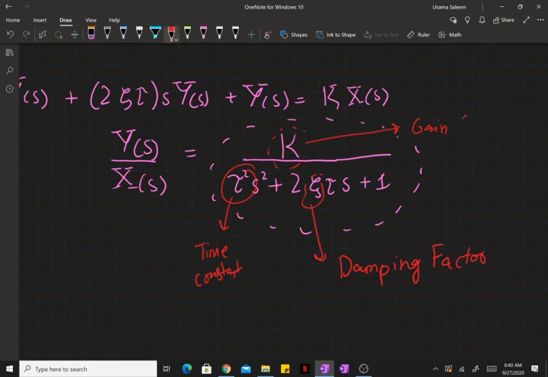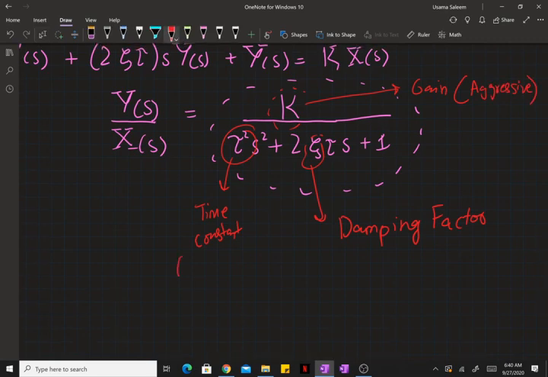The gain captures how aggressive the process is, and the time constant captures how fast or slow the process is, and the damping factor is going to tell you how quickly the oscillations die down.